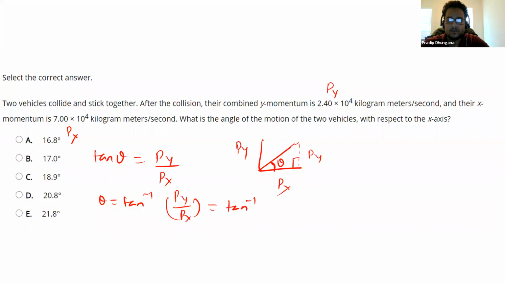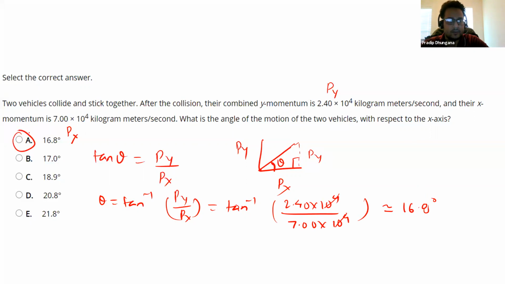That would become tan inverse of Py, 2.40 times 10 to the power 4, over Px, 7 times 10 to the power 4. That will get cancelled, and then use a calculator to calculate tan inverse of 2.4 over 7, and then you will get around 16.8 degrees.